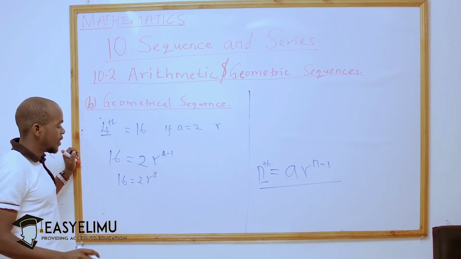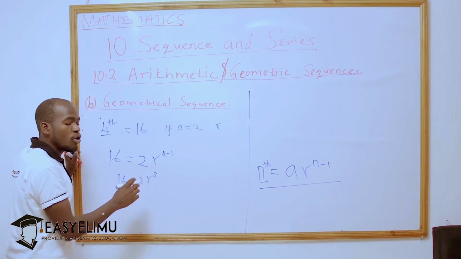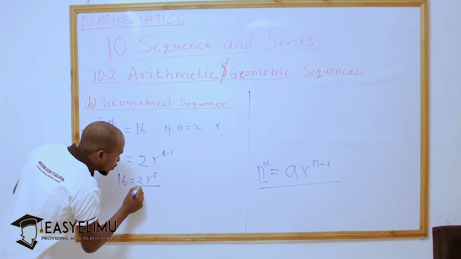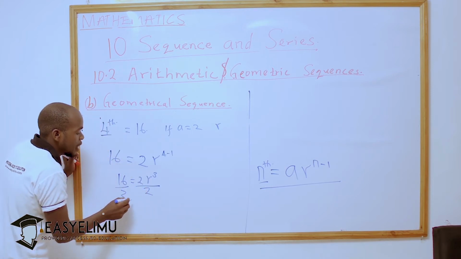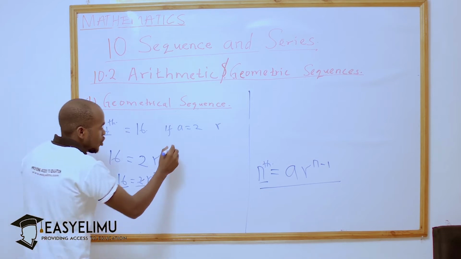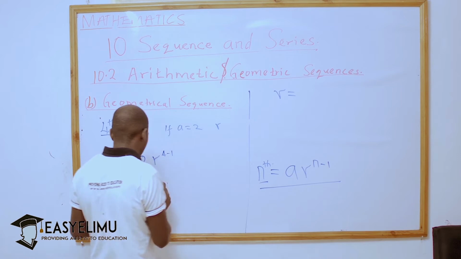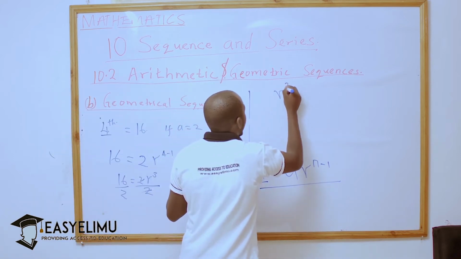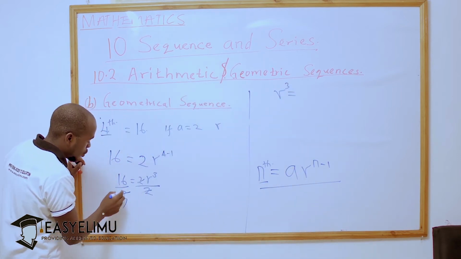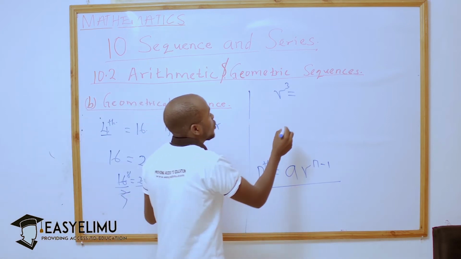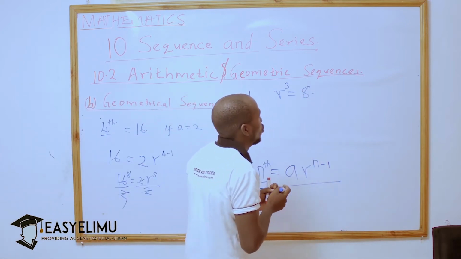After getting this, if you want the value of r, you need to divide both sides by 2, and you will get that r cubed is equal to 8.